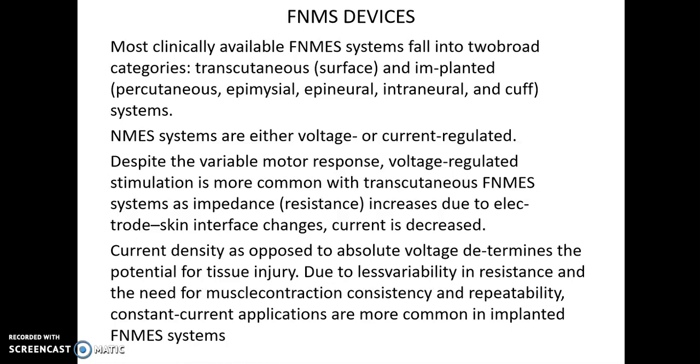So here we have two broad categories when we are talking about the device: transcutaneous, which we place externally over the skin, and implanted. In the implanted, we can put it percutaneous, just below the skin, or epimysial, just outside the epimysium, or epineural, which is related to the outer layer of the nerve, or intraneural, using very small nano electrodes, or the cuff systems.